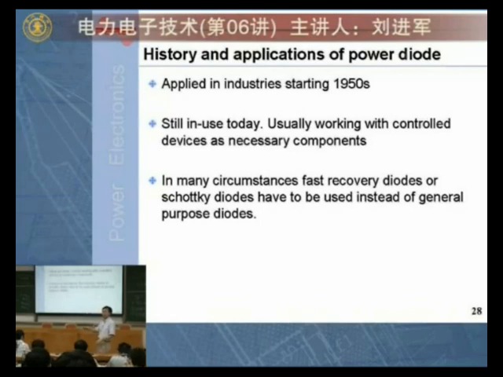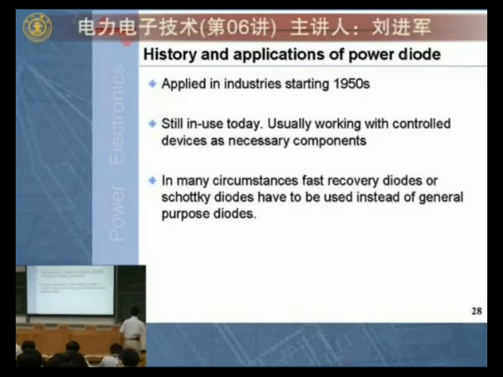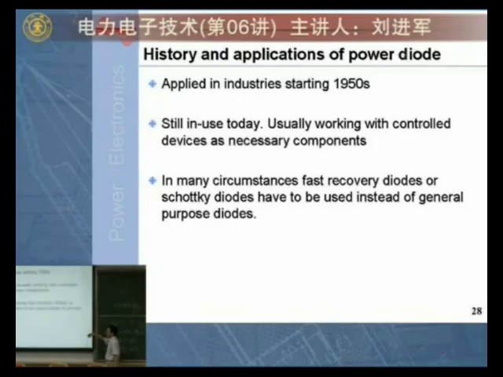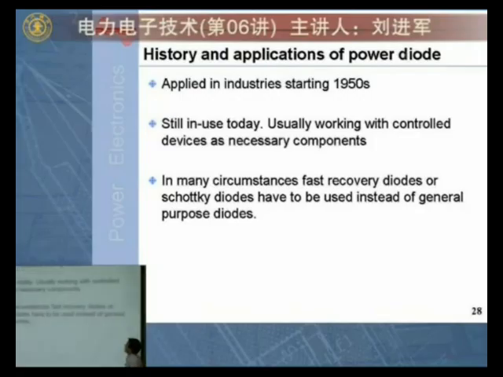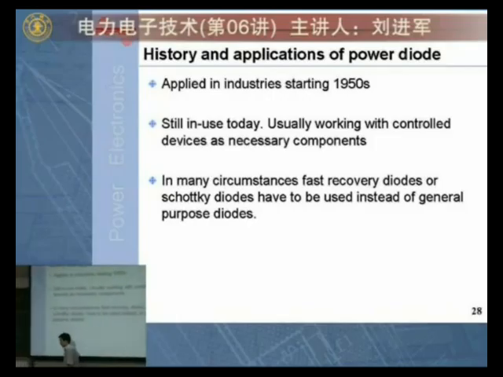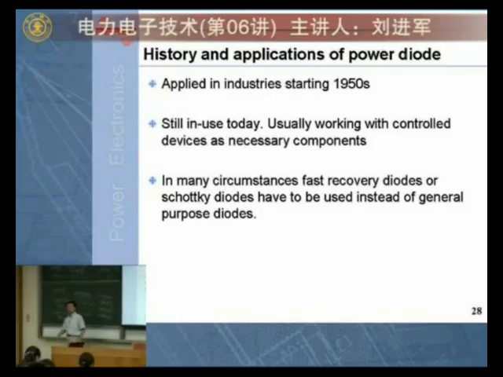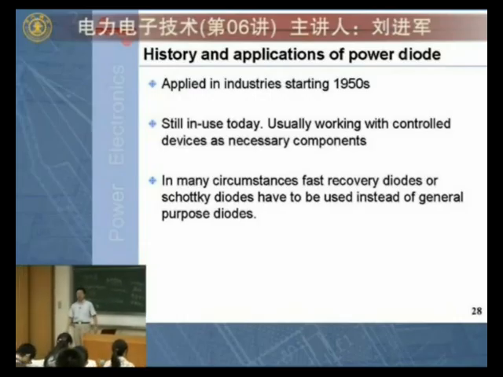So that's why we need to talk about diodes in detail. Those are necessary. Power diodes are always necessary components in almost every power converter, even when you have fully controllable devices there.